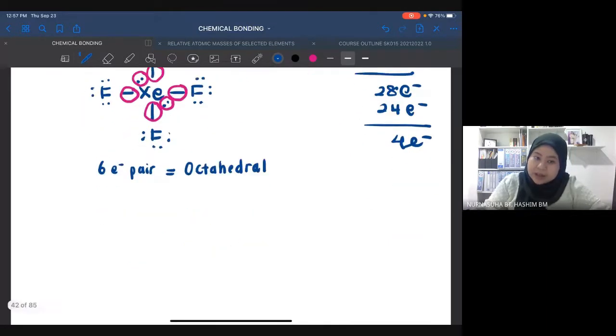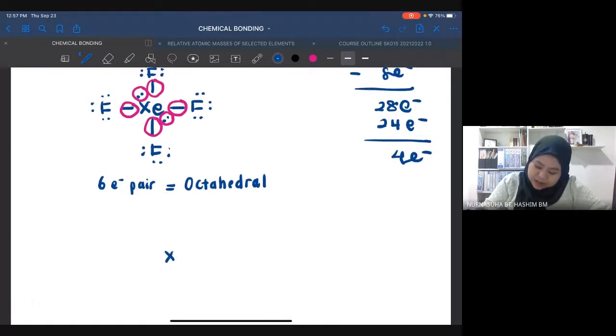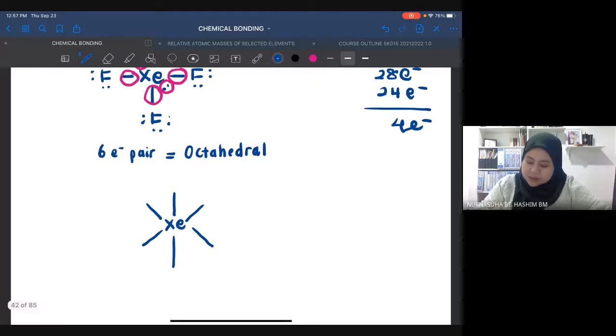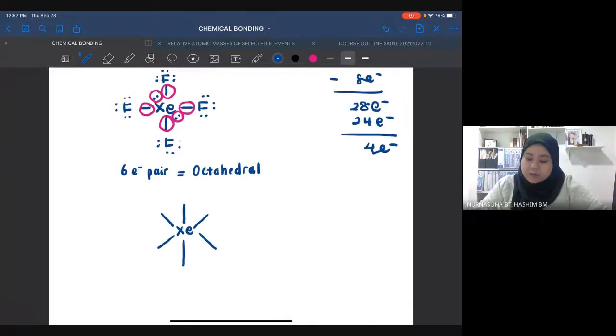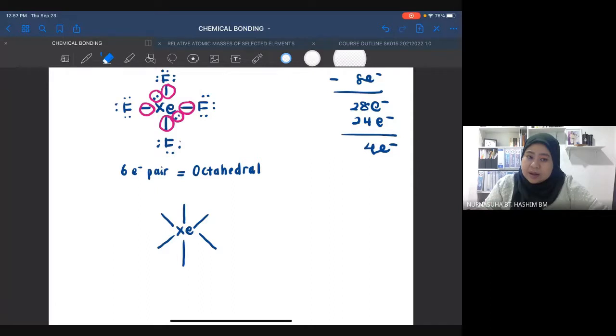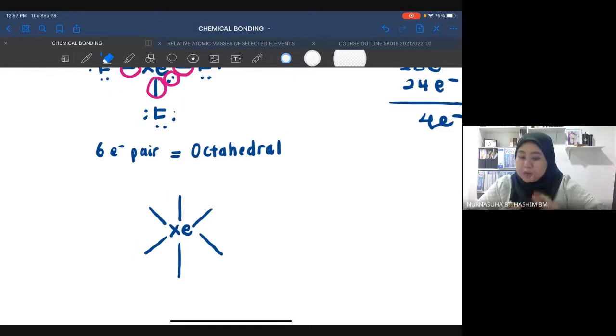Okay, octahedral. So lukislah octahedral. Xe satu atas, satu bawah. Okay, however, you must be careful sebab XeF4 ni ada 2 lone pair. So before you draw the bonding dengan fluorine tu, kita padam dulu 2 bond. So nak padam yang mana? So untuk octahedral, kita akan padam satu atas, satu bawah.